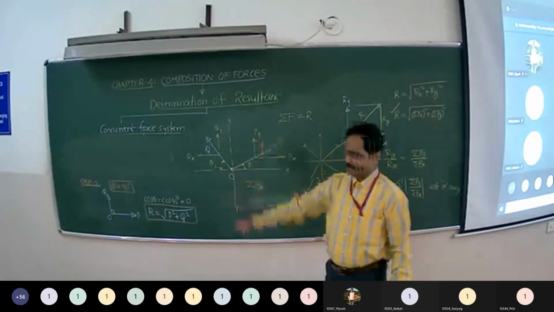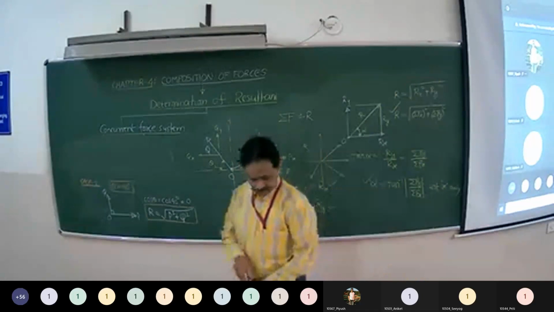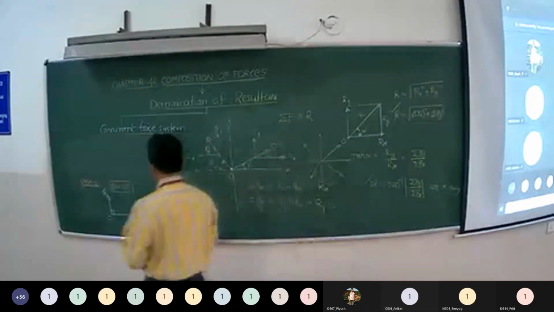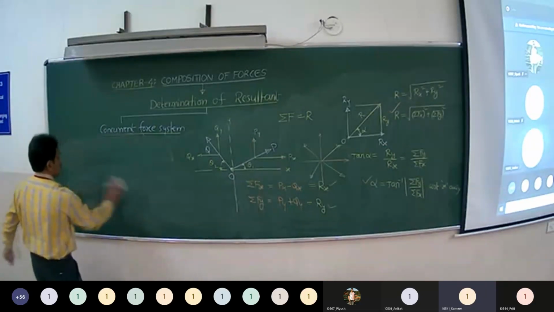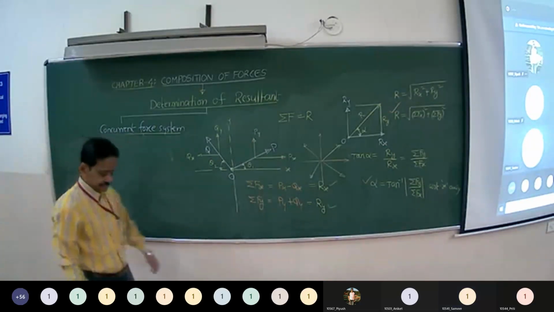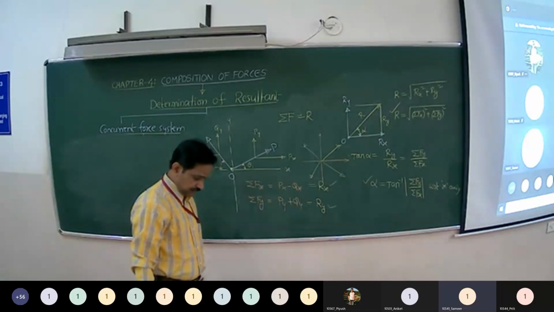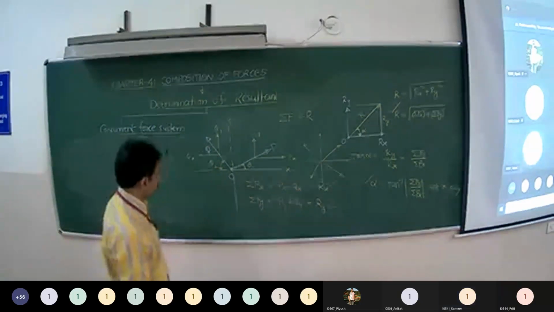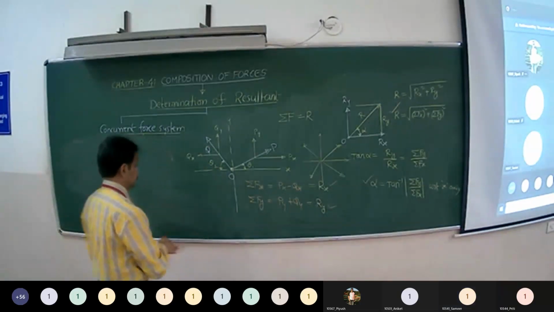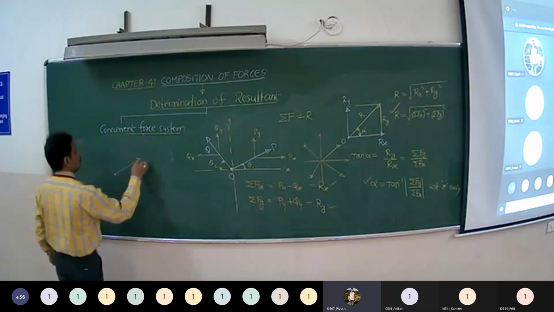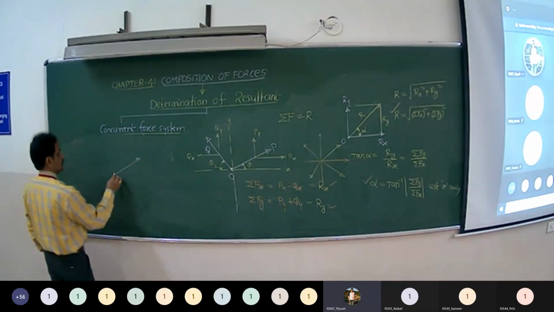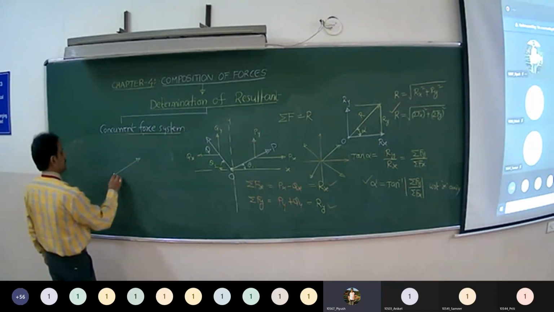But why? Because resultant is generated from those two forces. The resultant has to give the combined effect of P and Q only, no? So the resultant will act at point O.